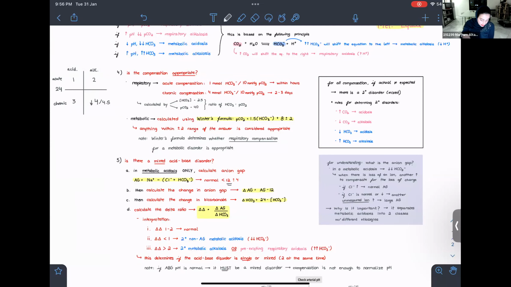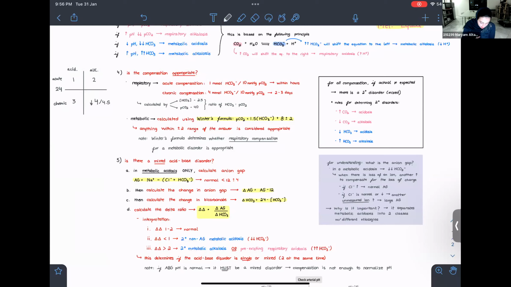So if your anion gap is high, meaning it's greater than 12, what does that mean? Well, that means that you have an unmeasured anion that's increasing in order to compensate for what you don't have here. The mnemonic, once you know if it's anion gap or non-anion gap, is either MUDPILES for anion gap, or HARDASS for non-anion gap.